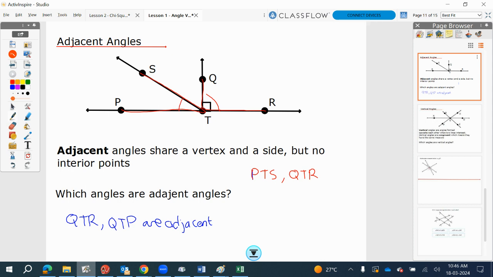You said QTR and QTP are adjacent, yes, but PTS is not adjacent to QTR. We are looking at this angle and this angle. They share a vertex, but they don't share a side, which means they're not adjacent.